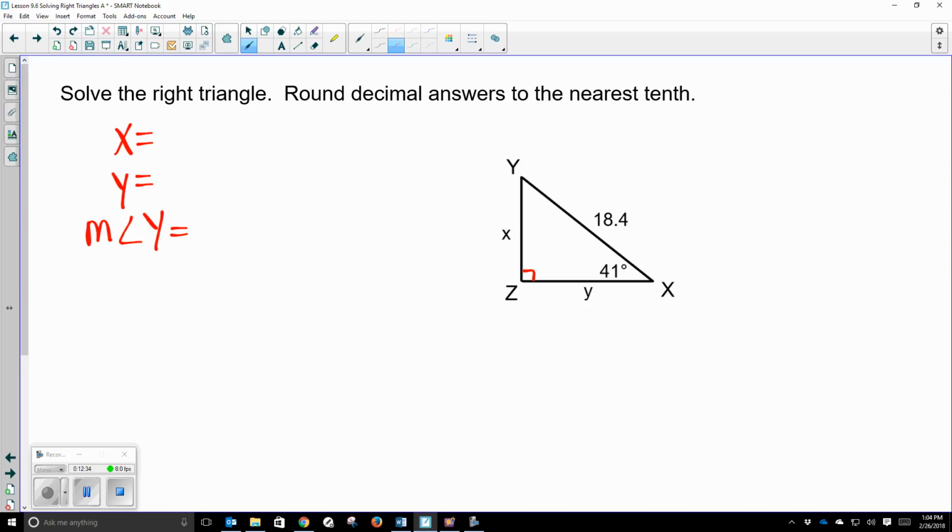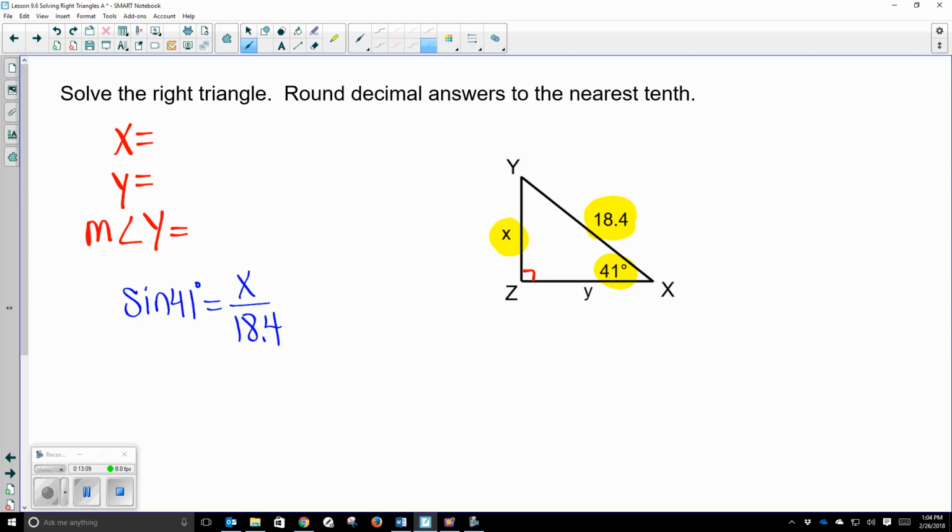So first let's find x. Well, we have to use this angle and this hypotenuse to find x. What trig function involves this angle, this side, and this side? Sine of the angle is equal to opposite over hypotenuse. And to get x by itself, you would multiply both sides by 18.4.